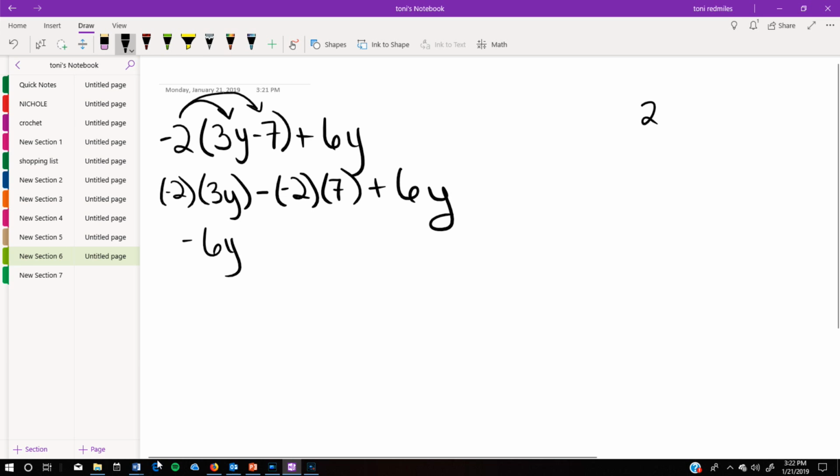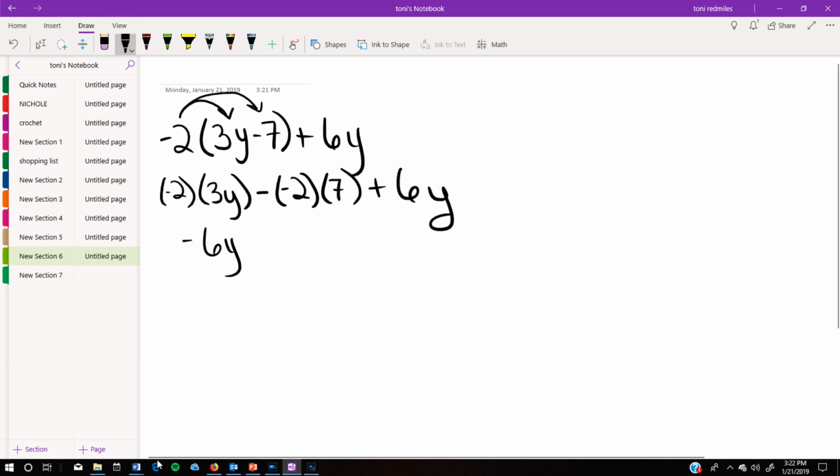Because remember, when I had this, I had to make them like. But when I had this, I didn't care if they were like. I just multiplied across. Same idea here. I don't care if they're like, so I can just multiply them the way that they are.